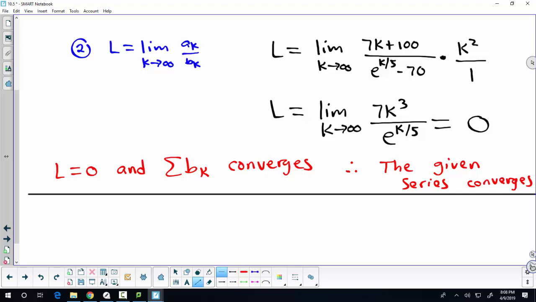Like there's a problem where you stack bubbles on top of each other, where the radii of each bubble diminishes according to a geometric series. Overlapping objects like dominoes or cards is a geometric series. In a series like k to the 7th plus k plus 100 over e to the k over 5 minus 70, I'm really not sure where that would actually show up as an application. So convergence for two particular things we care about moving into functional stuff.